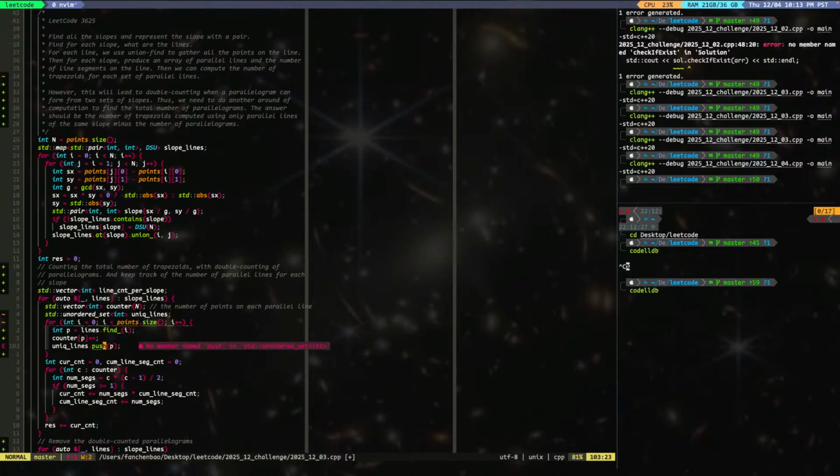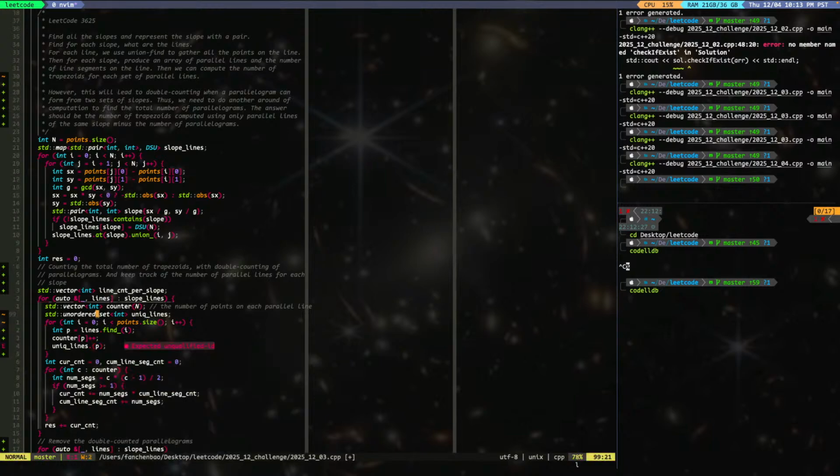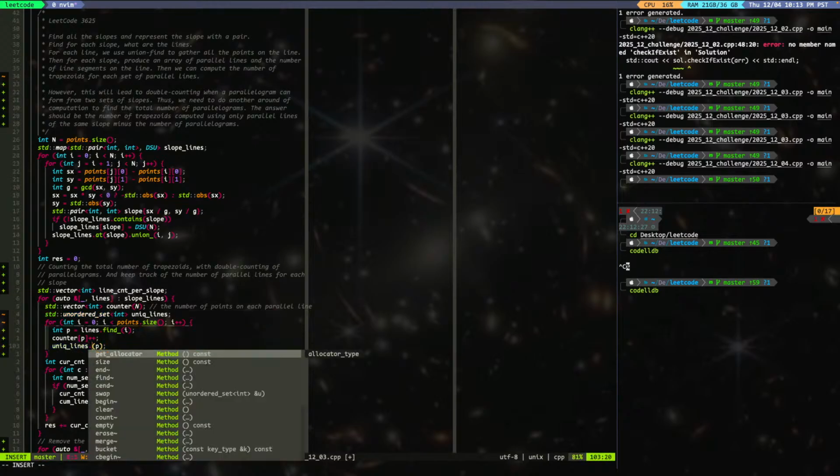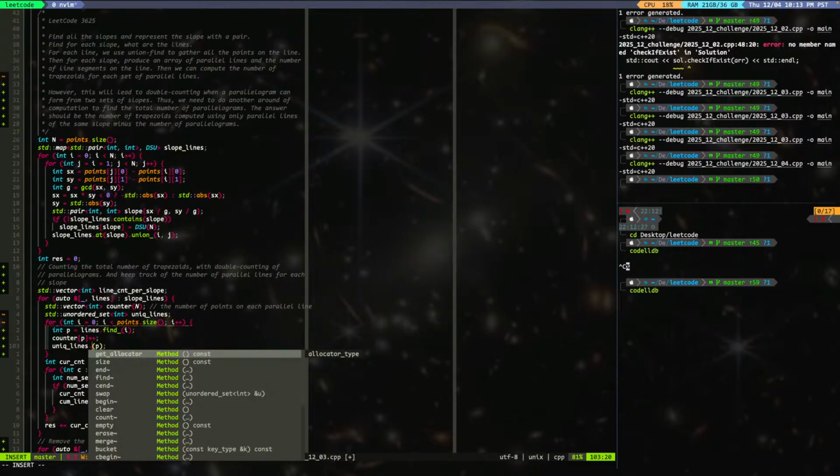Oh, it's not push. What is it? Unordered set, right? What is the API for unordered set? Unique lines dot.